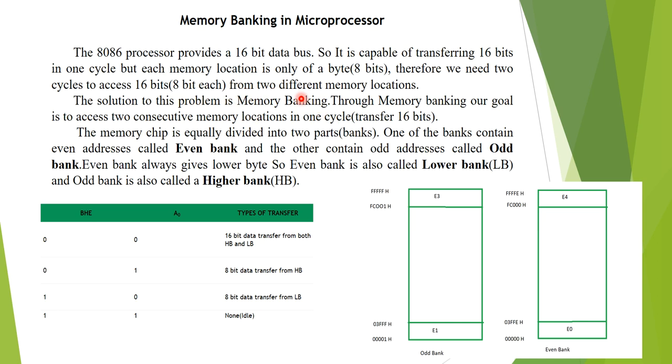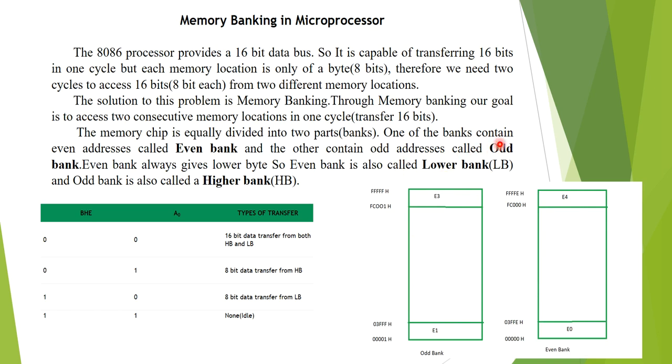Now what is memory banking? In memory banking, the memory chip is divided into two banks. One is known as the odd bank and another is known as the even bank. In the odd bank, the address of each memory location is odd, and in the even bank, the address of each memory location is even.